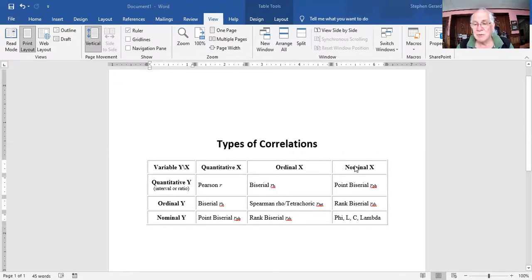And potentially, if you want to correlate nominal with nominal, you'd use phi or lambda or C. This is a fairly rare one, but a case where you would do that is if I wanted to correlate gender with home ownership. This would be the type of correlation you would use for that.